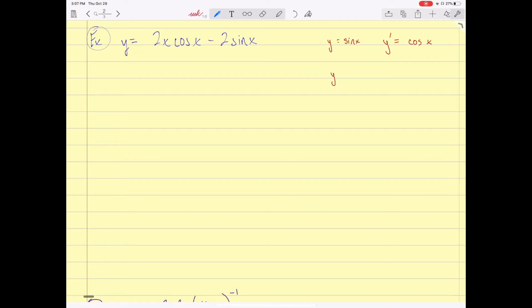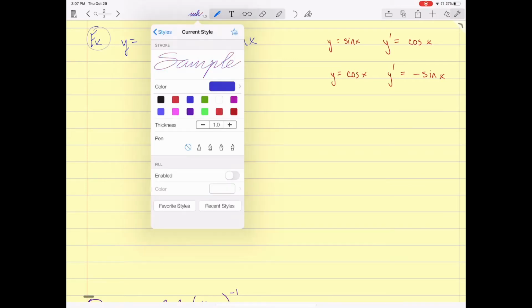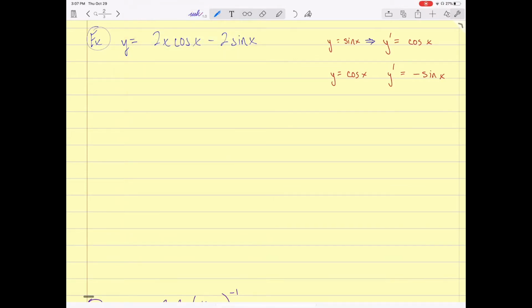If you have cosine x, the derivative of cosine x is negative sine x. Just so you know, these apply. We don't need to know why yet, and we'll get to actual trig derivatives later, but for now we're just going to use those rules.